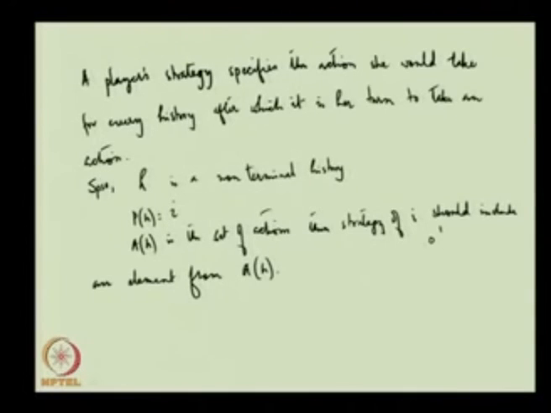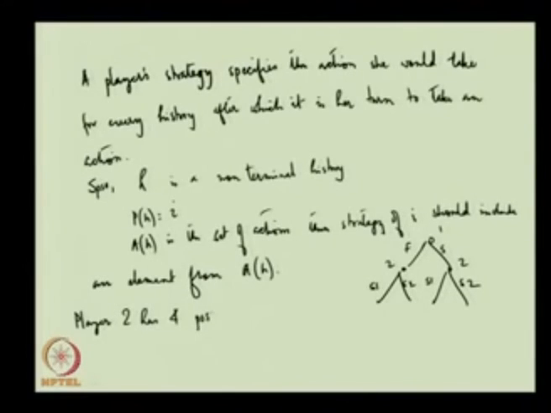So, let us give an example. Let us take the example of a batsman and a bowler. So, player 1 is the bowler, he can bowl a fast ball or a slow ball. Player 2 is the batsman, he can play shot 1 or shot 2. Now, what are the strategies of player 2? Player 2 has 4 possible strategies. Okay.